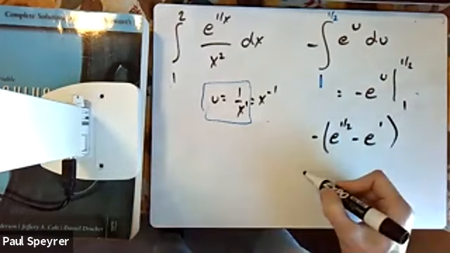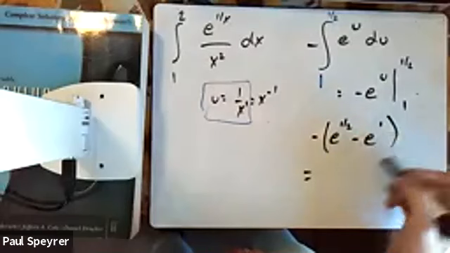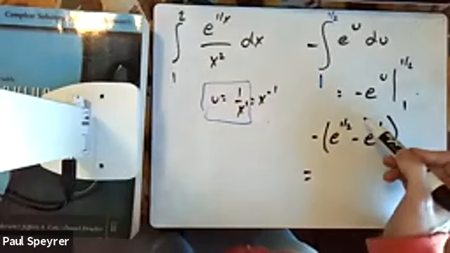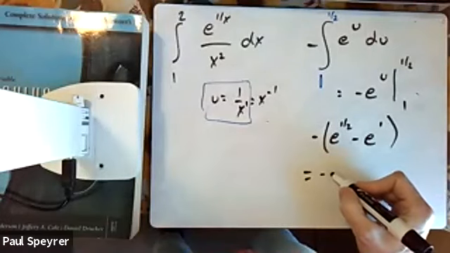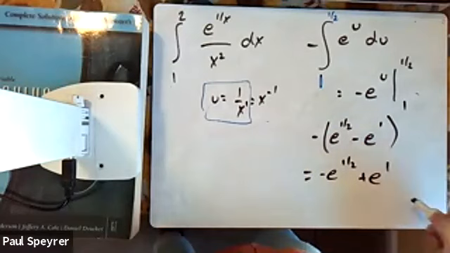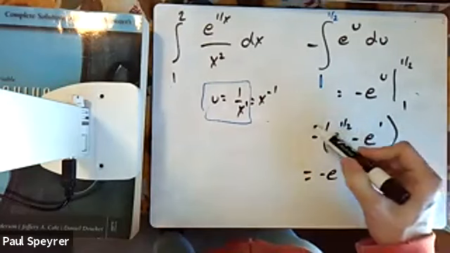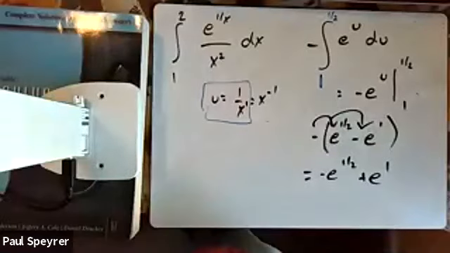So what does that ultimately become? You can't combine these. They're not like terms at all. They'd have to have the same exponents in order for you to combine them into one term. So this is just negative e to the 1/2 plus e to the first. You've got to distribute the negative sign into both terms. And that's your final answer right there.